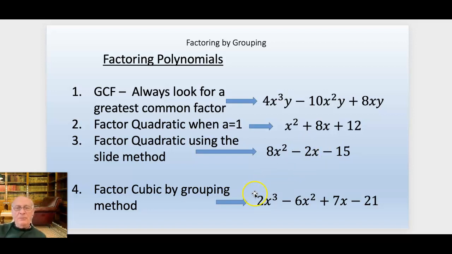Now we're going to look at grouping. When you see a problem like this, that's a cubic polynomial with 4 terms. If you see that, then use grouping. And this is what you do.